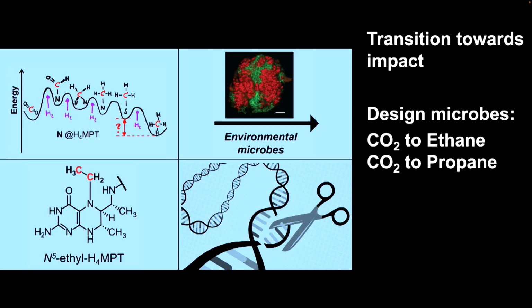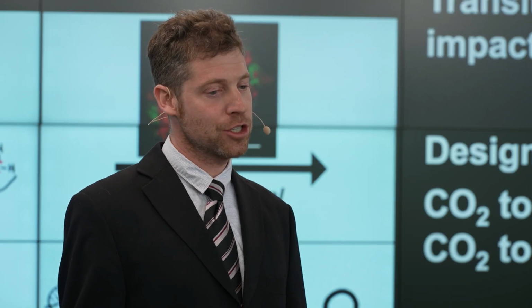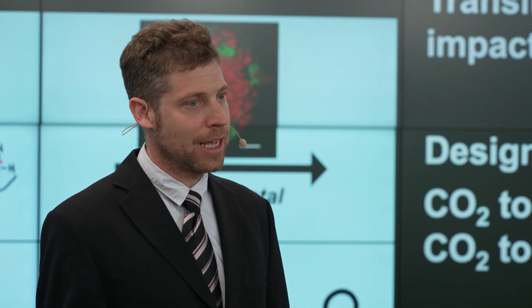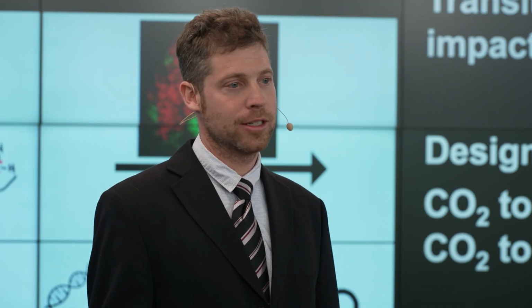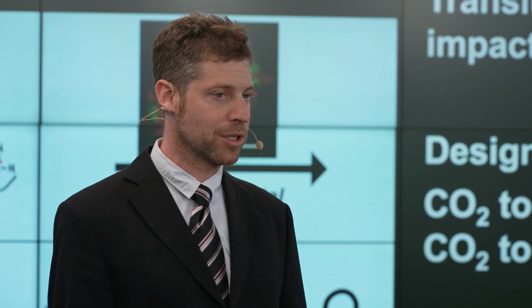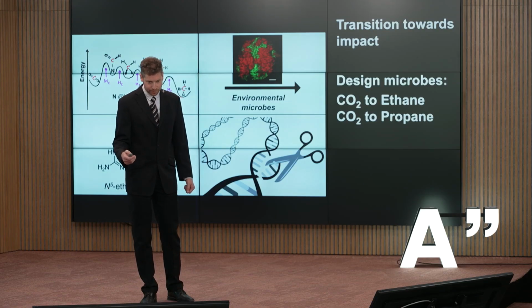When we understand it correctly, we can start amending it. We have cofactors that can carry multi-carbon units. We take inspiration from nature on how to form carbon-carbon bonds. And then with the genetic toolbox, we can start designing our own microbes with the aim to have microbes that convert CO2 to ethane or propane.